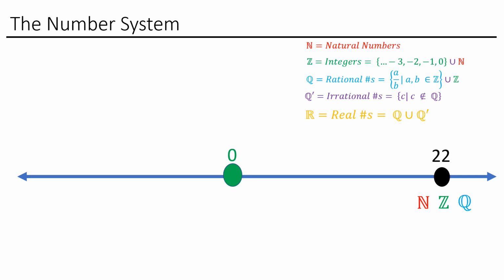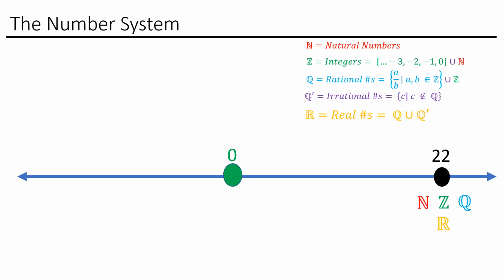If it's a rational number, then it's not going to be an irrational number. You won't ever have one that is rational and irrational at the same time. And if you are a rational number, then you're also going to be a real number. So 22 is a member of all 4 of those different number systems.